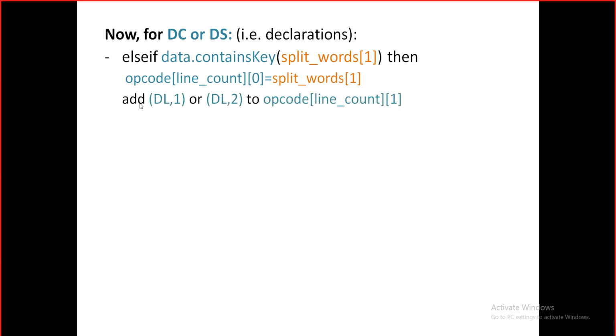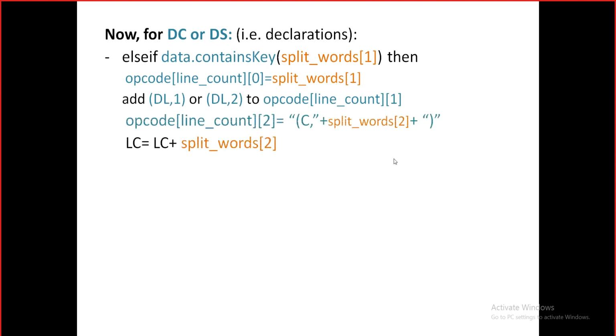See here, add DL comma 1 or DL comma 2 to the opcode table in the first column. If it is DC, we'll add DL comma 1. If it is DS, we'll add DL comma 2. You can add it statically like we did for start. And in the second column of our opcode table, C comma, whatever we have found at the split words of 2.